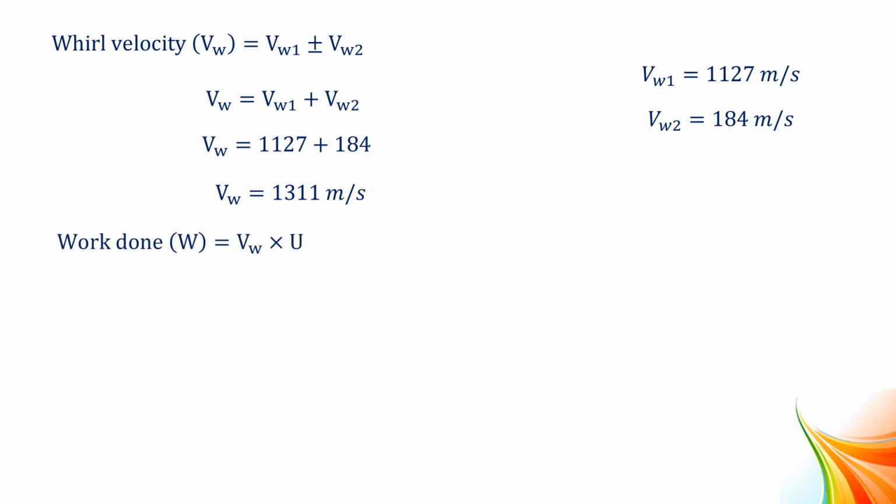Work done W equal to Vw into U. U equal to 400 meters per second, which is given in our problem. Substituting the values of U and Vw in the work done equation, we get W equal to 524400 joules per kilogram.